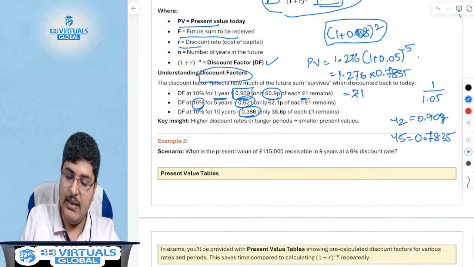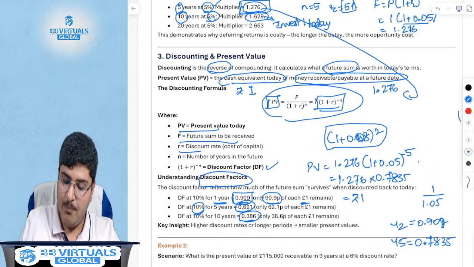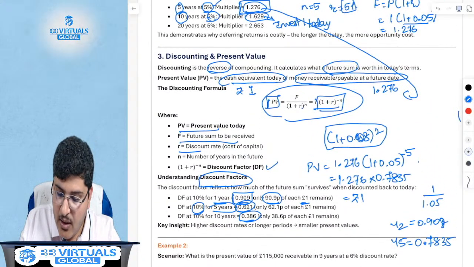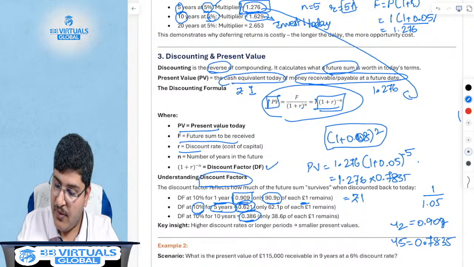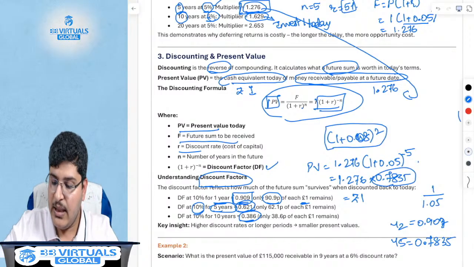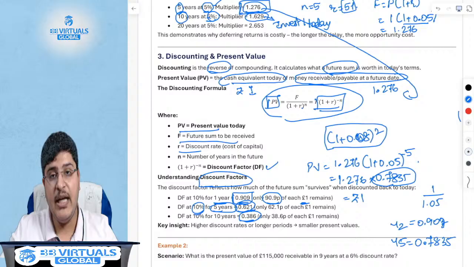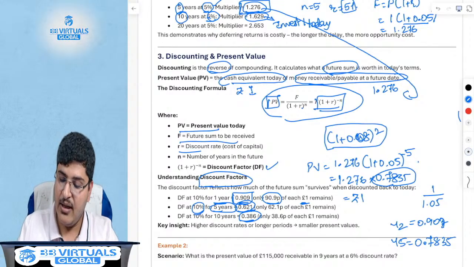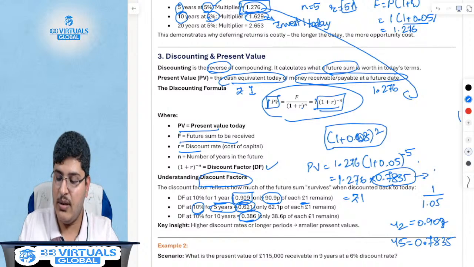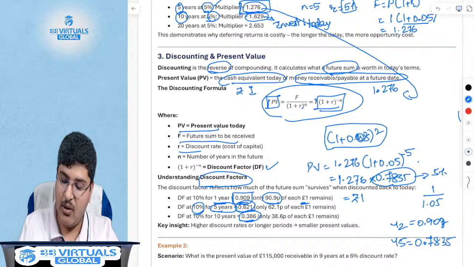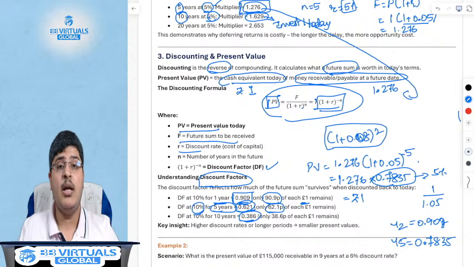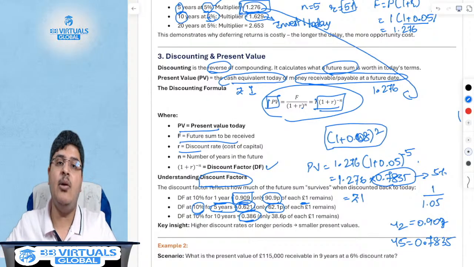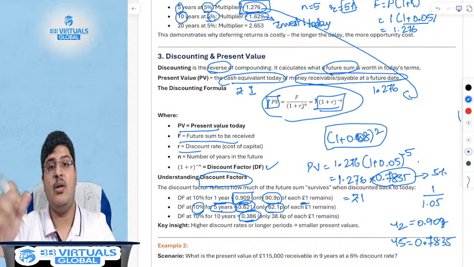Effectively, if you compare the discounted number over here versus over here, the rate of discounting over here was 5%. At 5%, the discounting factor was 0.7835, but at 10% the discounting factor is 0.621, because 10 is higher than 5, which means your amount will keep reducing fast if the discounting rate is higher.